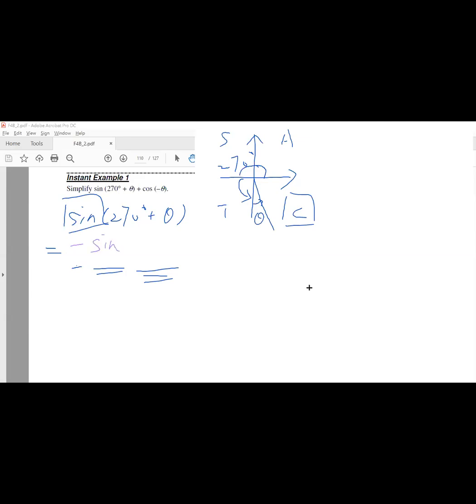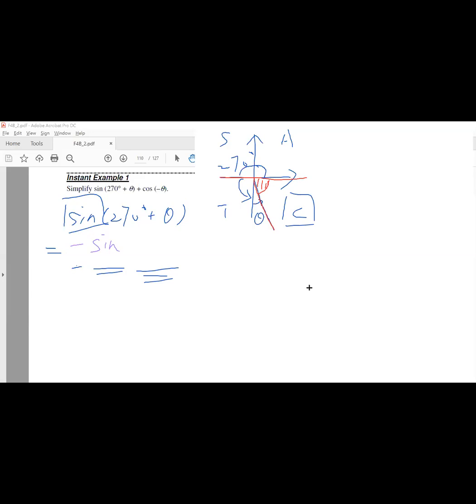And then for the third part, we find the angle between the side and the x-axis. The side is here, and the x-axis is here. The angle between the side and the x-axis will be this angle. This is either theta or 90 degrees minus theta.